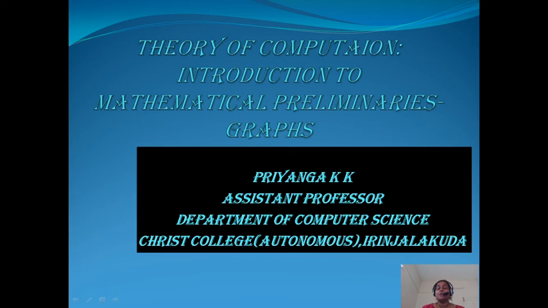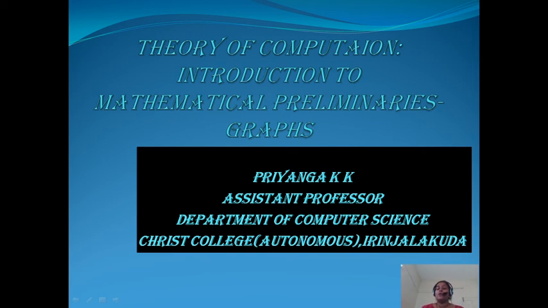In theory of computation we mainly use nonlinear data structures, that is graphs and trees. You have already studied, or your miss has already given you a video about nonlinear data structures, a general introduction about tree and graph.